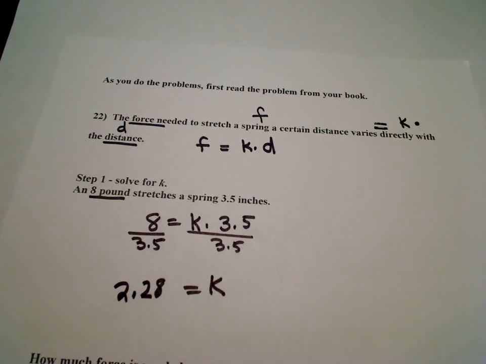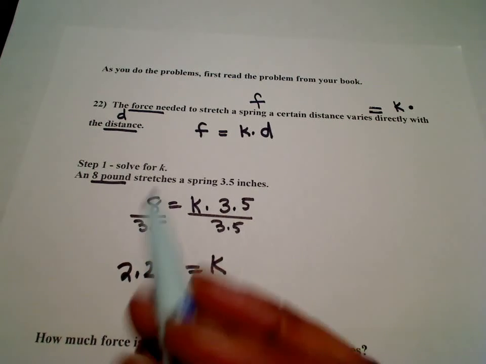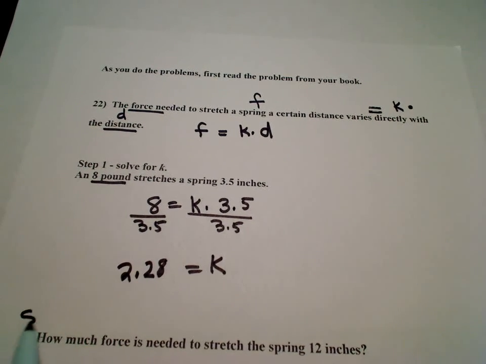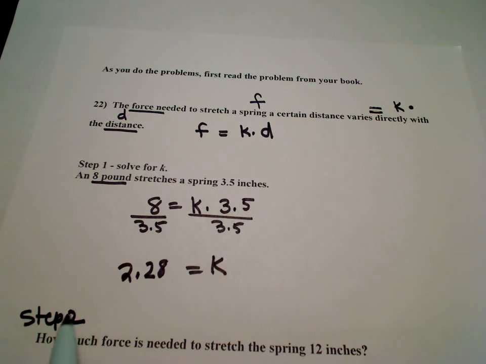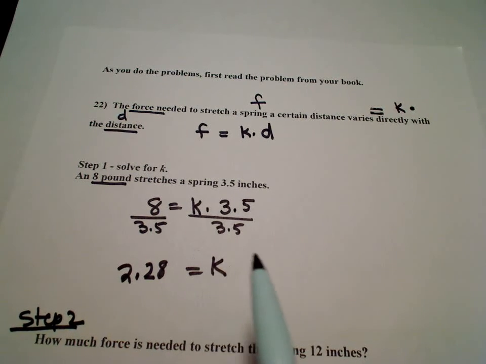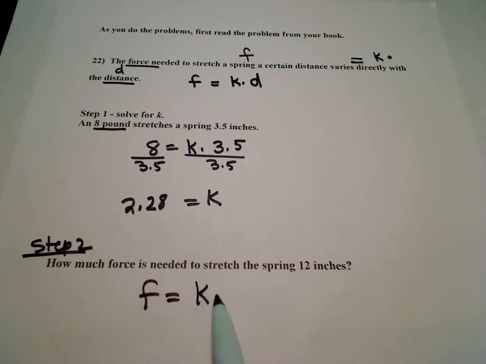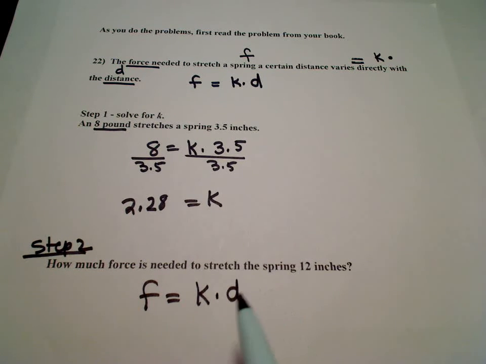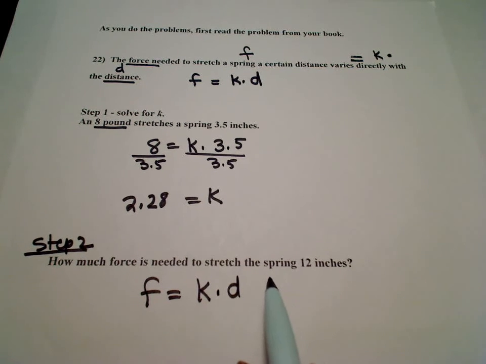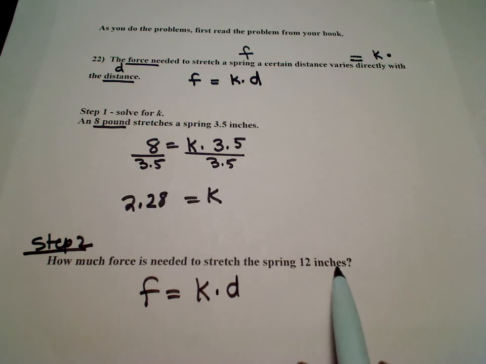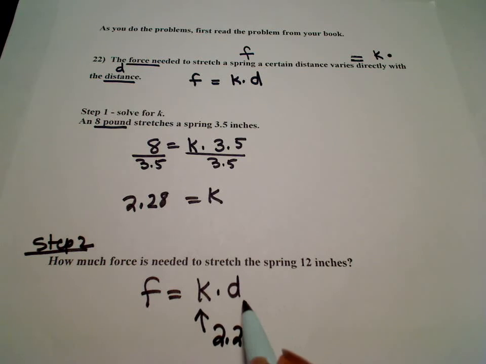Now that we've solved for k, we can do step number 2. I'm going to go back to my original equation. What we're looking for is the force if I have a distance of 12 inches. I don't know the force, but I do know k, the constant, is 2.28, and d stands for distance, which is 12.